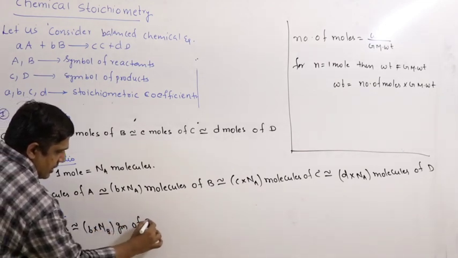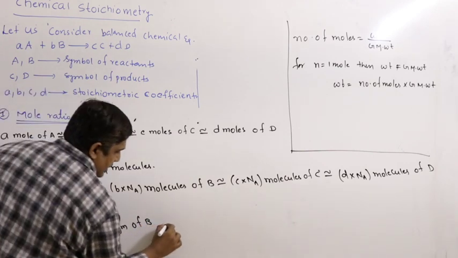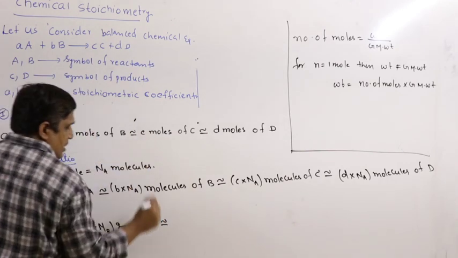grams of capital B is stoichiometrically equivalent to c moles.